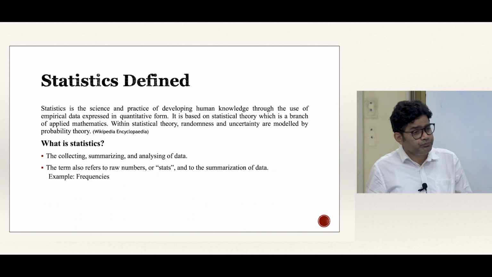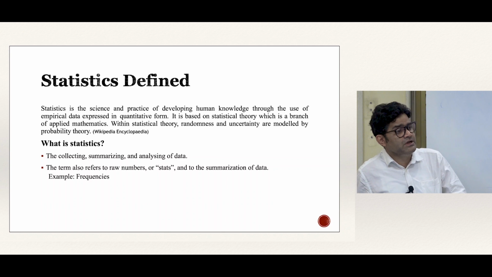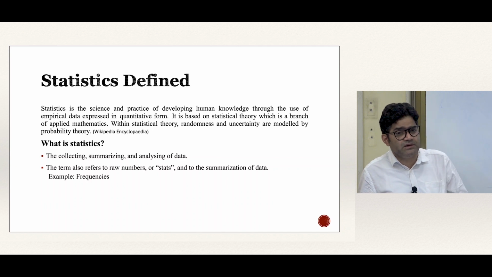So that's why in bookish definitions, you will always find that it is a science of data collection, compiling, and all that. But at the core of the heart, the basis of statistics is that it is a science which is giving you an idea about uncertainty.